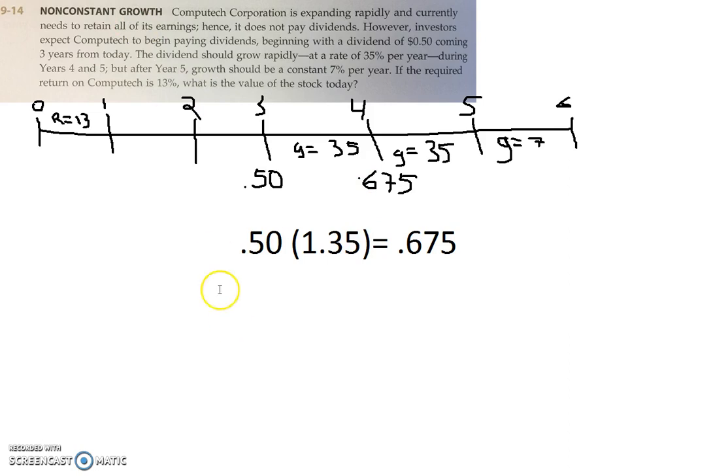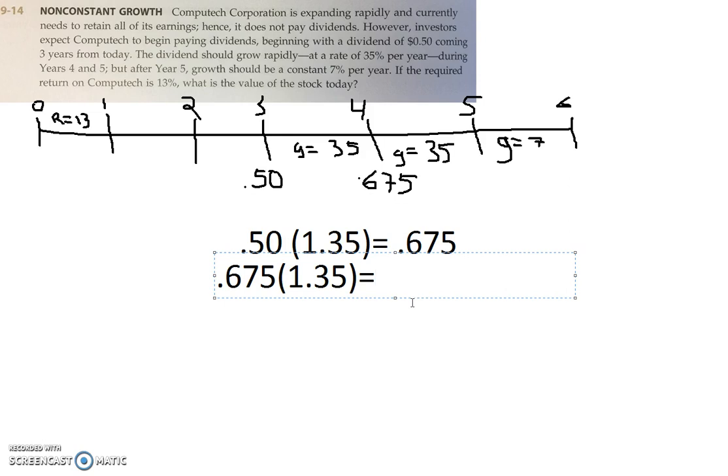Then what we're going to do is calculate the next dividend. So we leave this value, 0.675, in our calculator, and we're going to multiply it by 1 plus the next growth rate, which also happens to be 35%. So we're going to multiply it by 1.35.